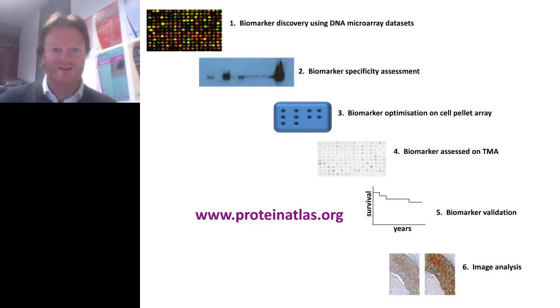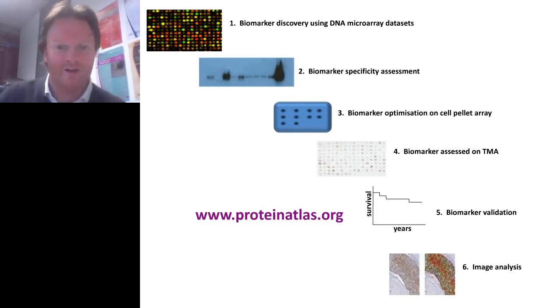Our first step is just to check what the specificity is like by Western blot analysis, and we would expect to see a single band on a Western blot for any antibody that we then progress to use for our tissue microarrays. At the second step we very often also perform QRT-PCR analysis to get an example of what the level of expression of our biomarker is. But both Western blot analysis and QRT-PCR analysis alone are really insufficient for determining the level of specificity of the antibody.